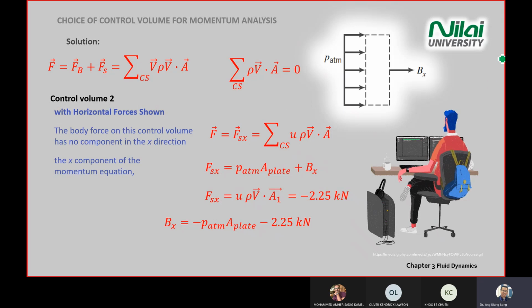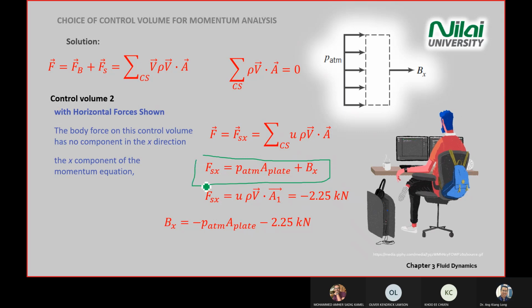Then for Bx, Bx will be negative of the pressure times area of the plate, minus 2.25, because if you try to rewrite this equation, you pull this term to the left hand side, you get your Bx.